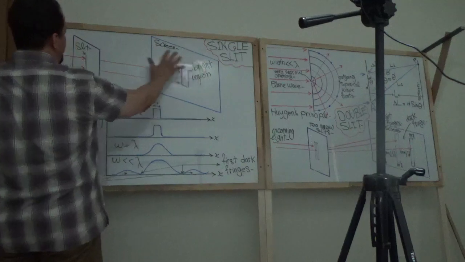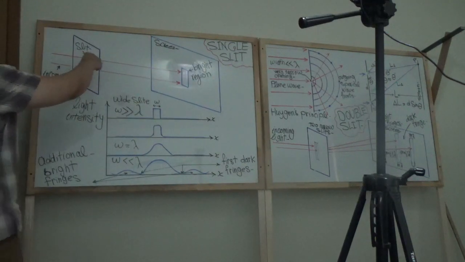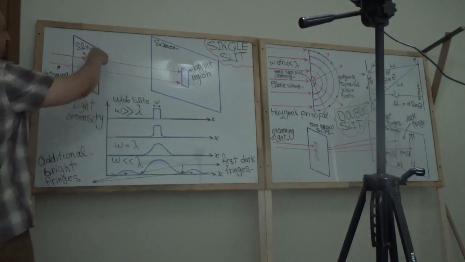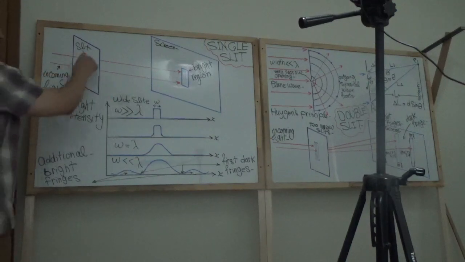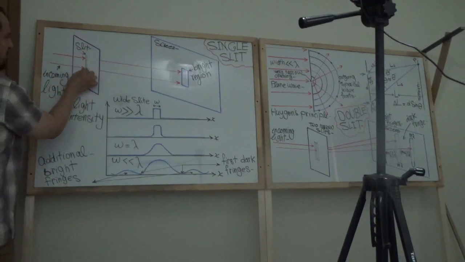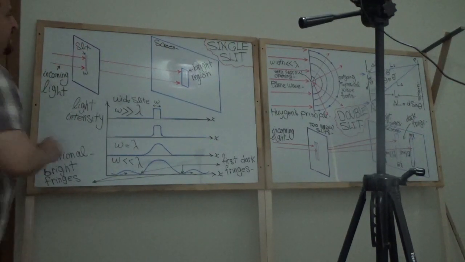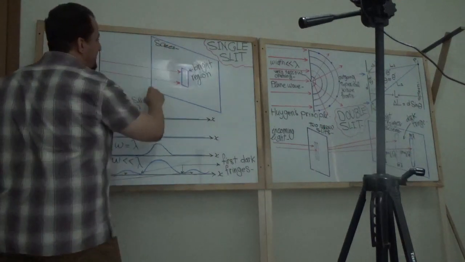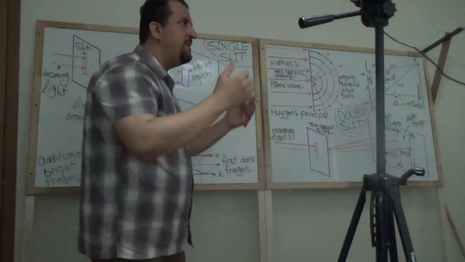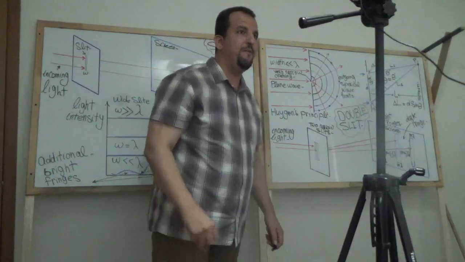What we can see here is simply a single slit, and the slit has a width, as you can see. Right here we have a screen, and we will use the screen to receive the light from the slit.